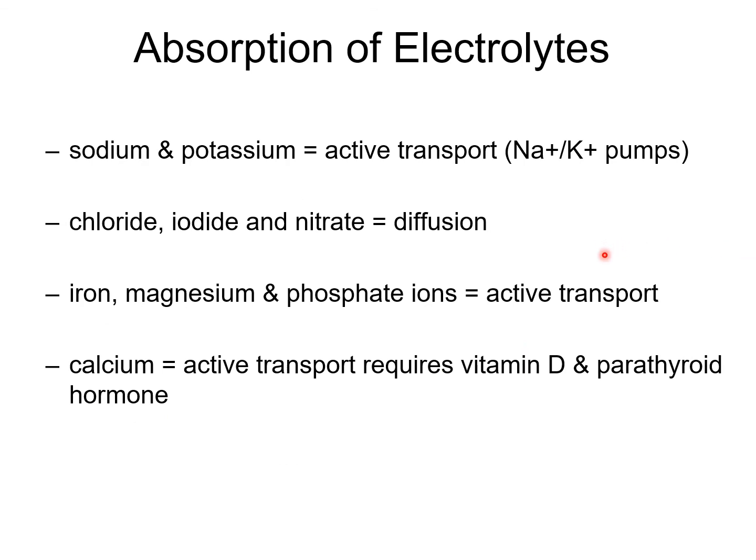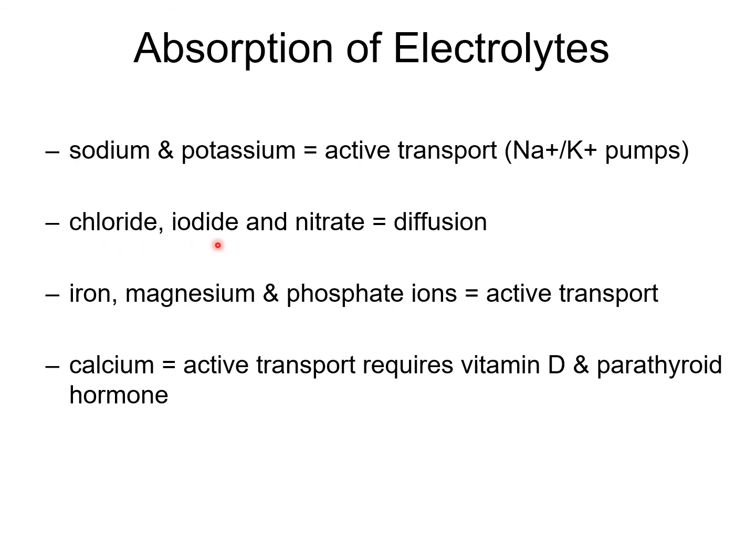Let's take a look at the absorption of electrolytes. These are chemicals that we consume: sodium, potassium, chloride, calcium. They don't need to be digested by enzymes, because as soon as we swallow them, they are ready to be absorbed. Sodium and potassium are absorbed through active transport, through the contribution of sodium and potassium pumps.